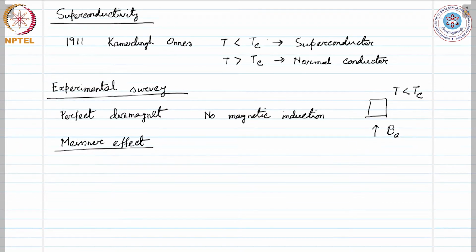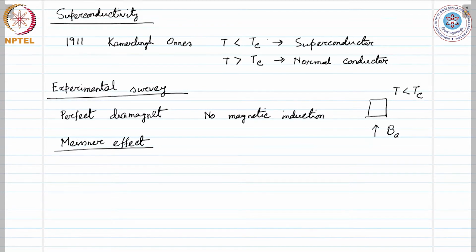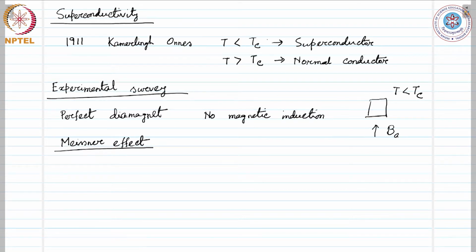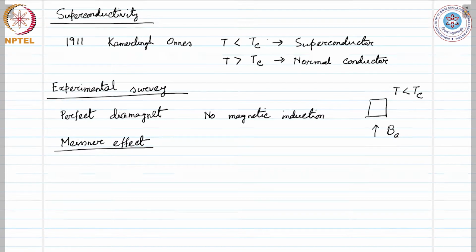We obtain a particularly useful form of this result if we limit ourselves to a long thin specimen with long axis parallel to the applied magnetic field Ba. Now, the demagnetizing field contribution will be negligible.